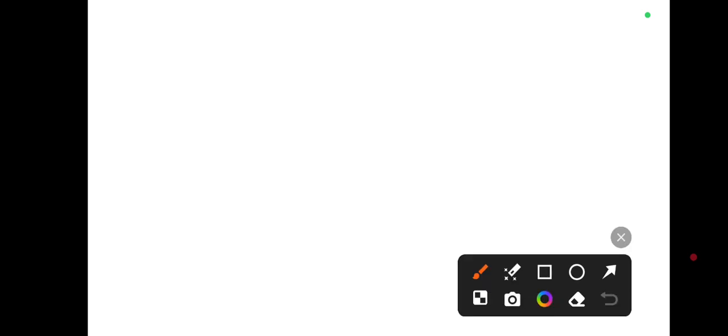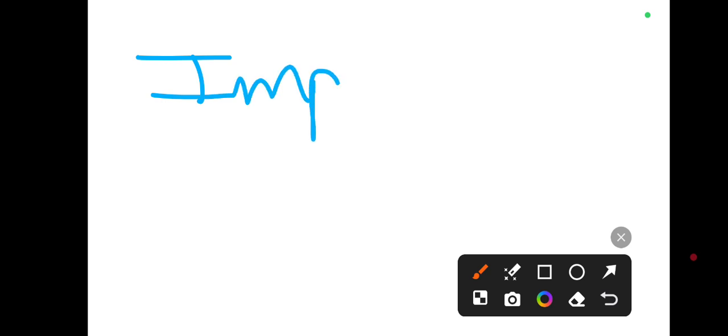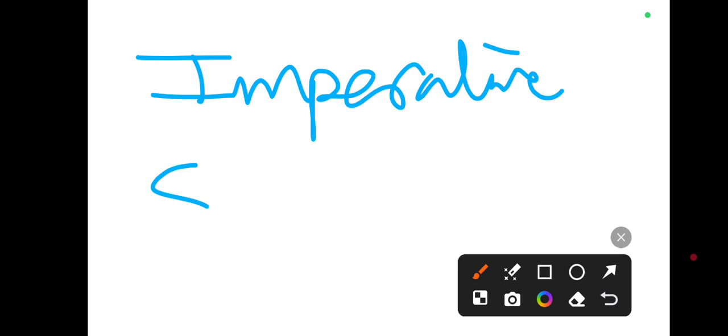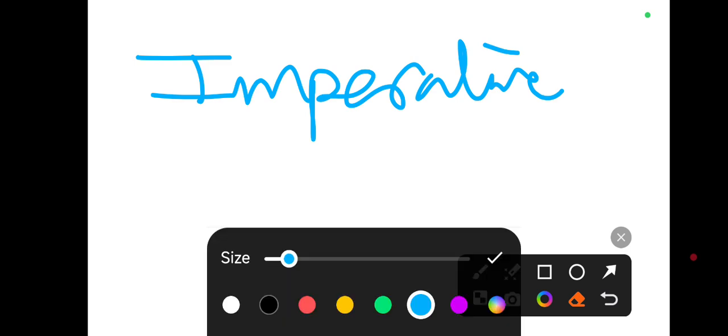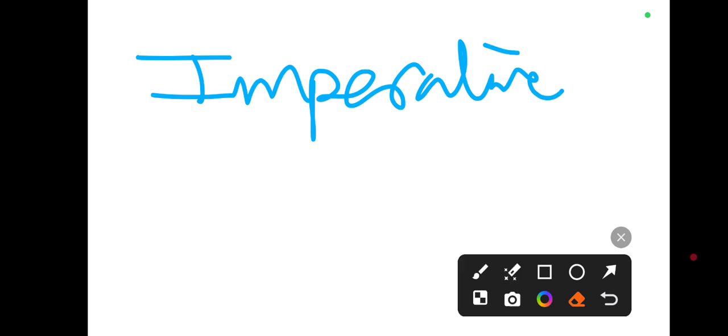But it does not happen in imperative sentences. The structure of imperative sentences is this. This is not subject, verb, and object. Usually we use subject, verb, and object, right?